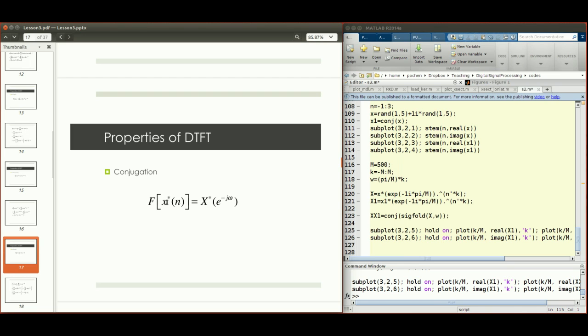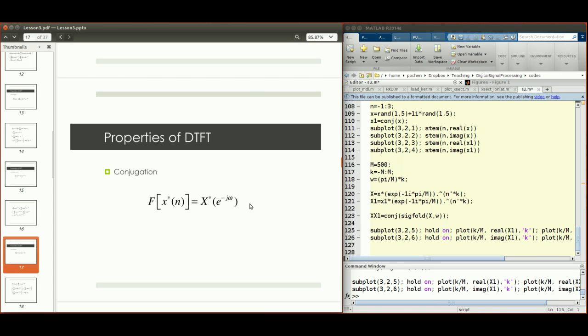So big F of x star n equals big F of x n, which equals big X e to the positive j omega. So if x is a real signal, then big X star e to the minus j omega equals big X e to the j omega.